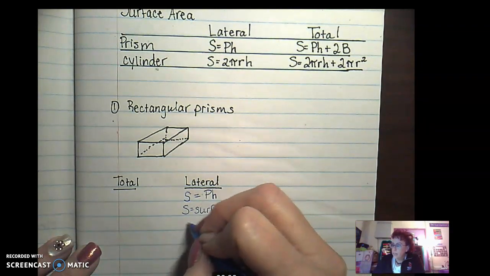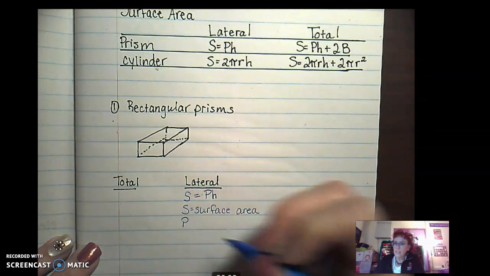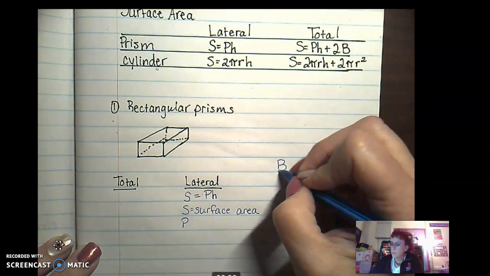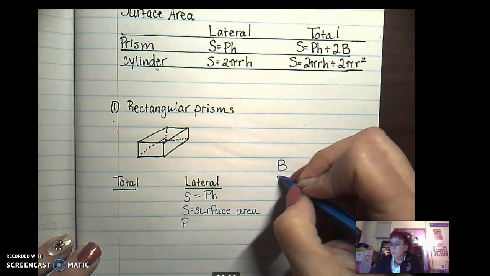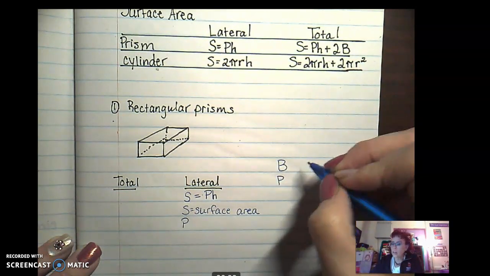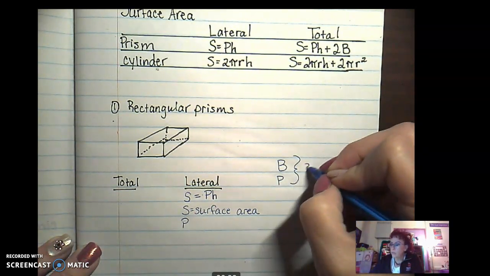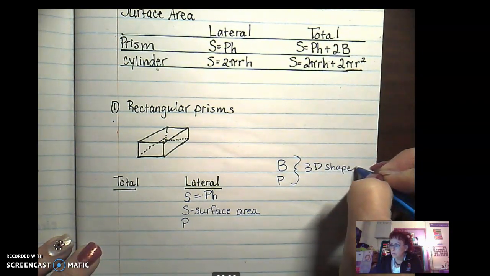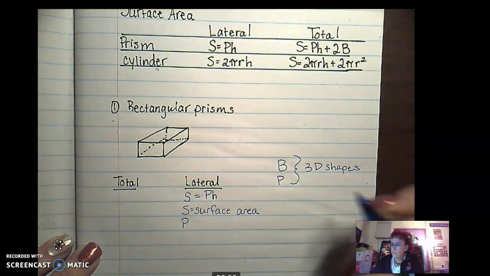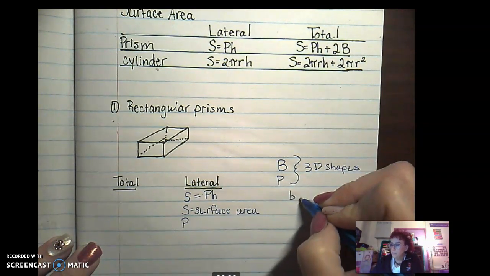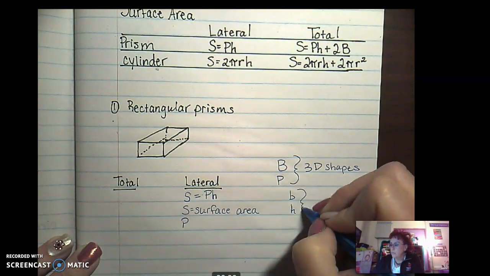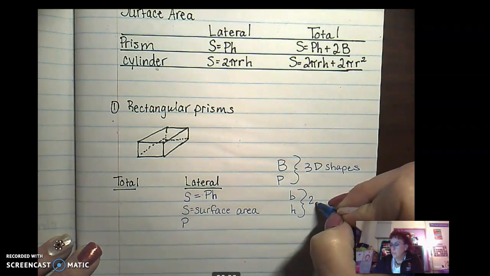Okay, the next thing we look at is capital P. So I just tell my students, if it's a capital letter, like a capital B or a capital P, those are dealing with three-dimensional shapes. If it's like a lowercase b or a lowercase h, two-dimensional shapes.